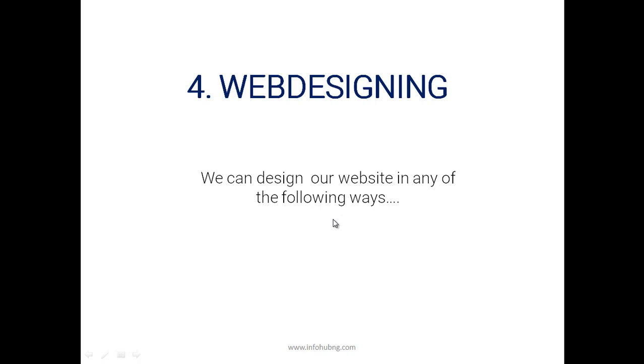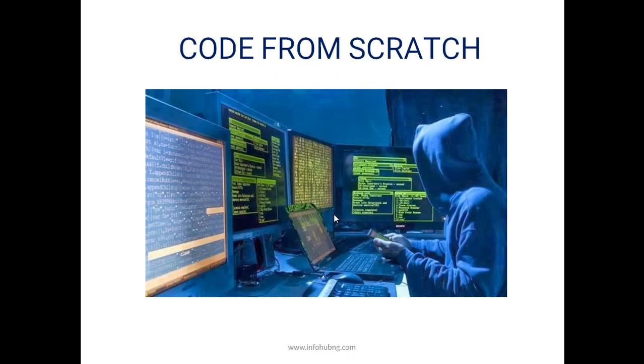There are many ways we can actually design a website, and I'll be listing a few of them in this class. The first way we can design, we can actually code from scratch. What this means is that we have to be very competent in coding languages, which include HTML, CSS, PHP, and even jQuery.